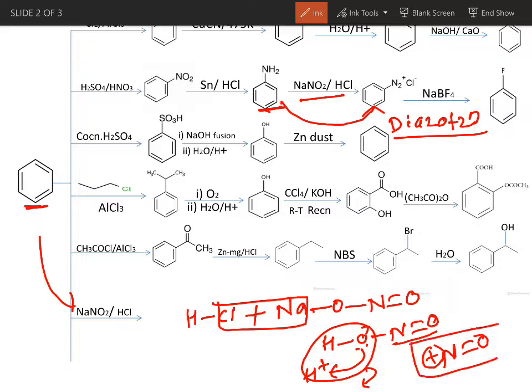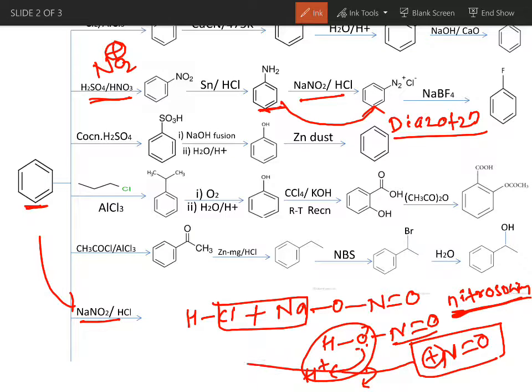This is an electrophile known as nitrosonium ion. Remember, when nitrating mixture is reacted together, it forms NO2+, which is called nitronium ion, and with NaNO2 and HCl it will form an electrophile which is called nitrosonium ion.